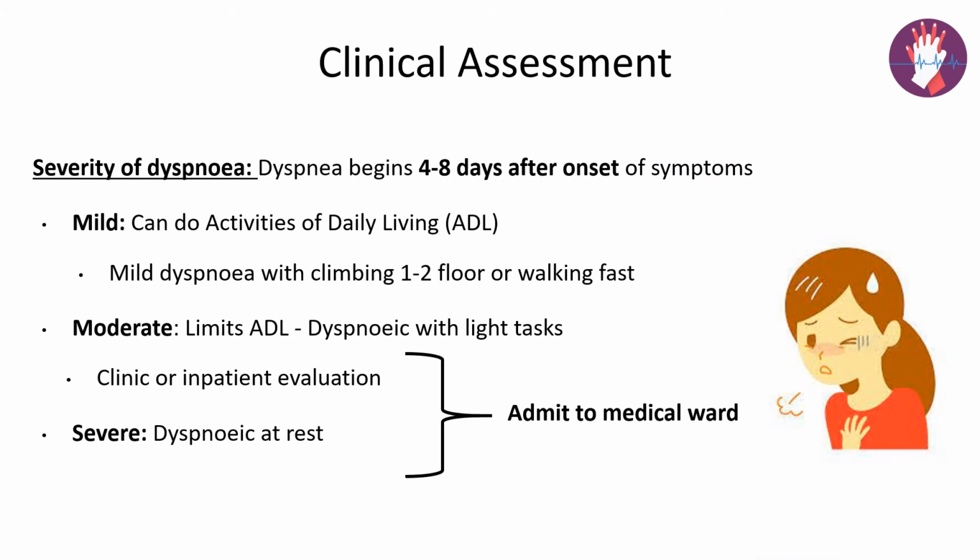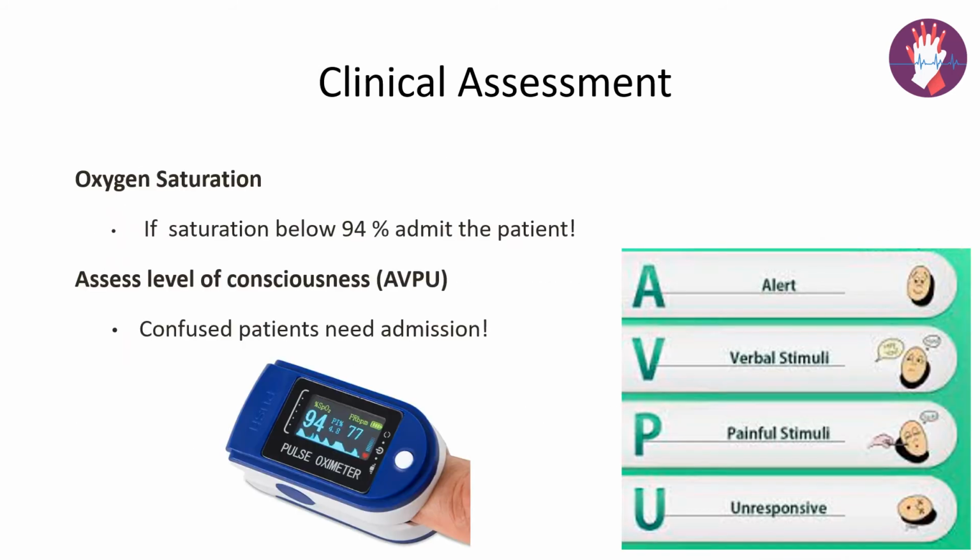One of the important things to evaluate is oxygen saturation. Patients should be monitored closely, especially those who are at home, and ideally they should check it at least 4 to 5 times, maybe every 2 to 3 hours if possible, especially if they are high-risk patients, so that these patients can be identified early if they're desaturating.